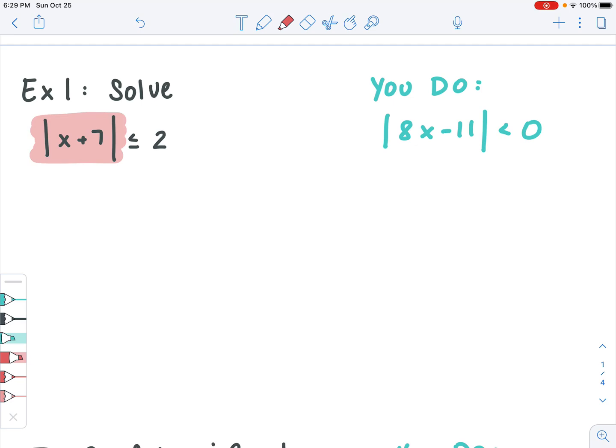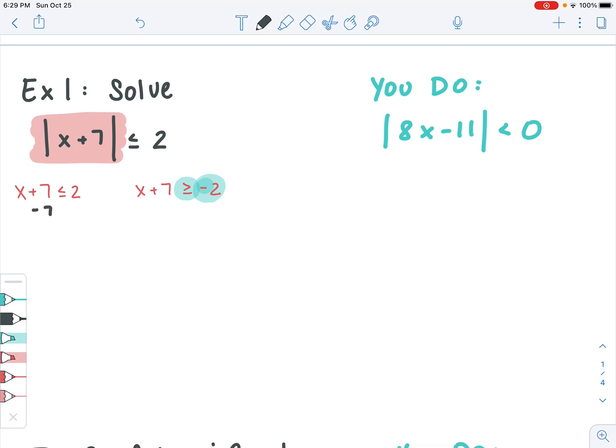My first equation will be x plus 7 is less than or equal to 2. Stays exactly the same, I just take the absolute value bars away. My second equation is going to be x plus 7 is greater than or equal to negative 2. So super similar. The only difference is I flipped the inequality to face the other way, and I made the 2 negative.